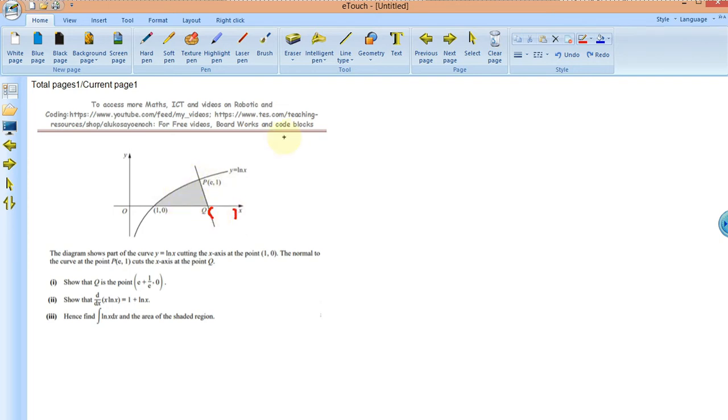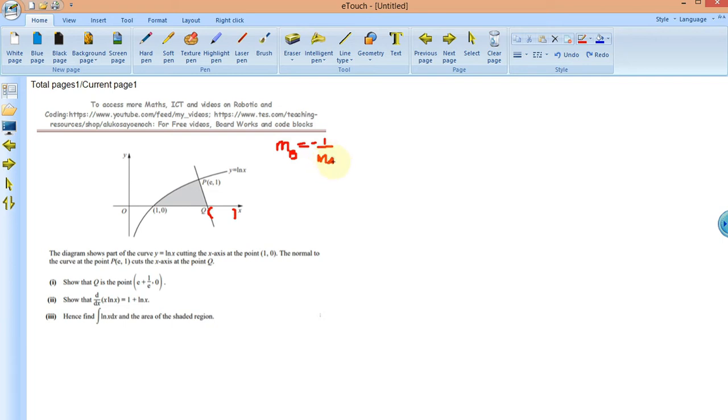So since the line is perpendicular to the curve, let the gradient of the curve be MA, and let the gradient of the line be MB. So the gradient of the line will be equal to minus 1 divided by the gradient of the curve, MA.